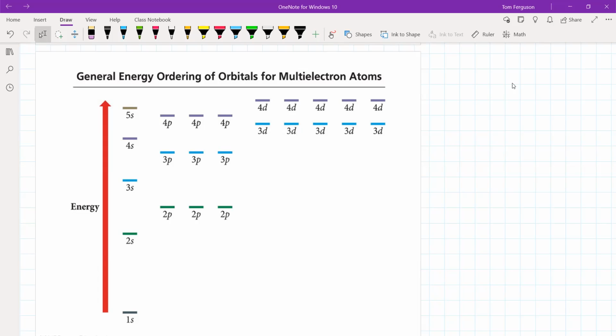So of all the orbitals here, the 1s series is the most stable. Then the 2s and 2p. And notice that the s is more stable than the p. So elements that have only a 2s set of electrons are more stable than elements that have these p.